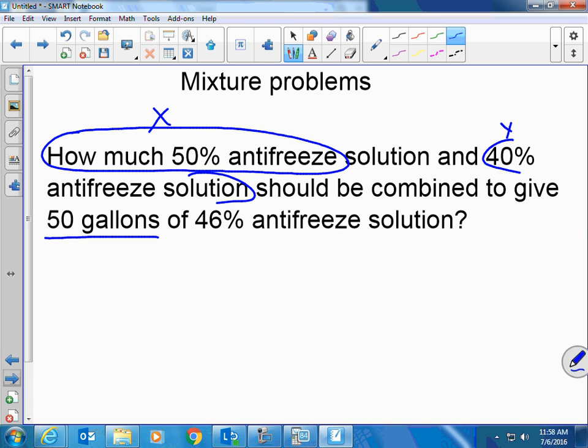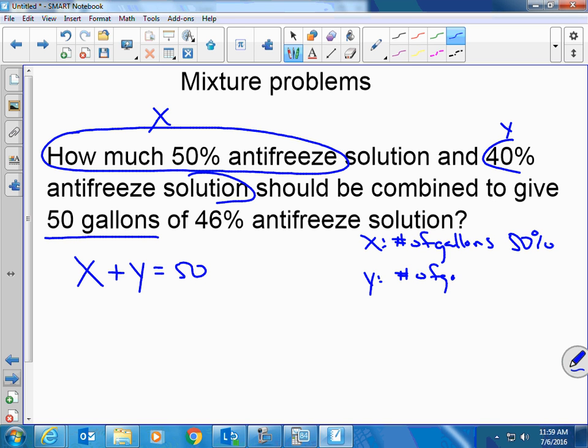So I know that I have 50 gallons. X of it is this 50% mixture, Y of it is the 40% solution, and I have a grand total of 50. So X stands for the number of gallons from this 50% mixture, and Y stands for the number of gallons of the 40% mixture.